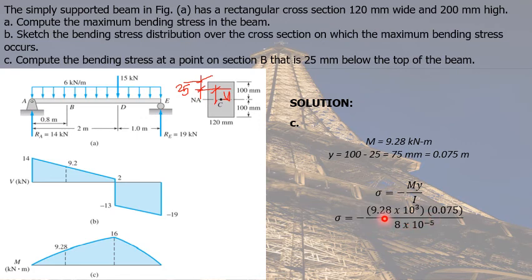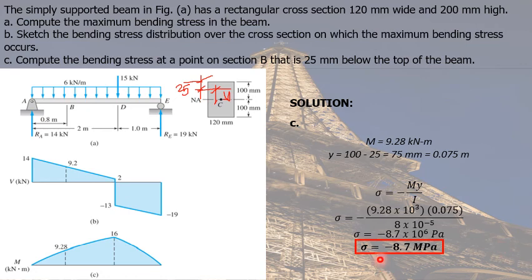That's why we have 9.28 times 10 raised to 3. Our y is 0.075 meters. And our I, as previously solved in terms of meters to the fourth power, is 8 times 10 raised to negative 5. Calculating, the bending stress is equal to negative 8.7 times 10 raised to the sixth power pascals. And in terms of megapascals, that is equal to negative 8.7 megapascals.